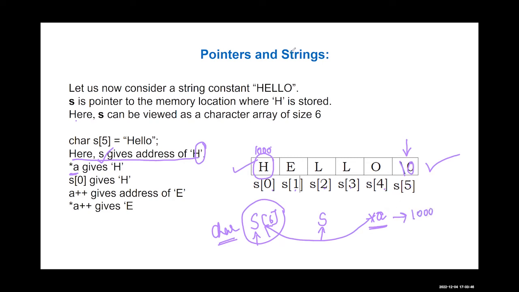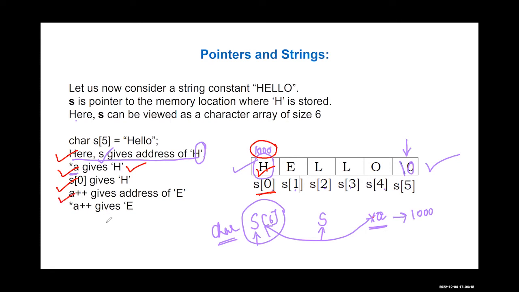That is why I say that *A gives H. Because A is a pointer pointing at this array, it holds the very first address of this array. That's why when I say S, I get the address, and *A also gives the value of H. S[0] also gives the value of H, isn't it? That is very common. S[0] also gives the value of H.